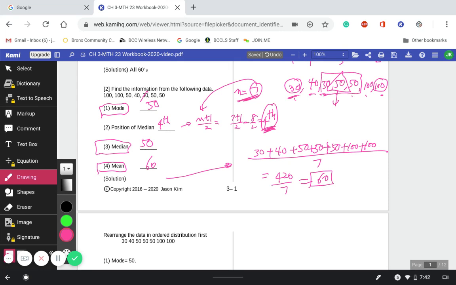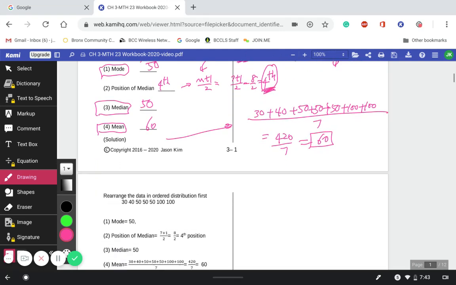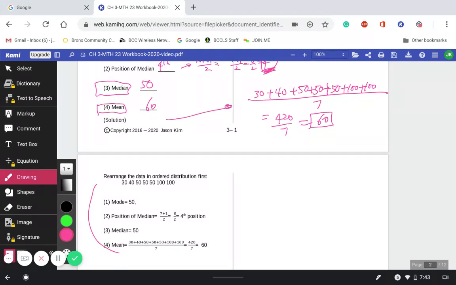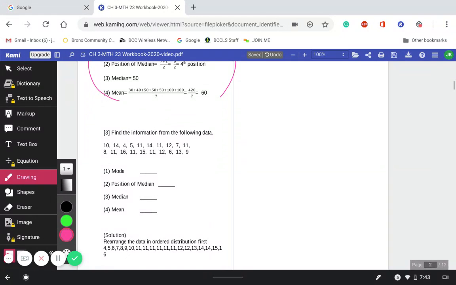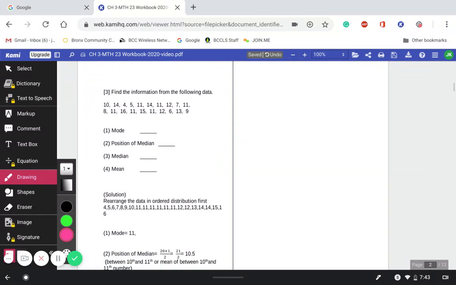When you have a much larger size data, it might be a little different, but still it's very, very close. So they all represent the central tendency, middle values. Okay. So now you have a solution here, which I just explained. Okay. So now let's have a little larger size of data.